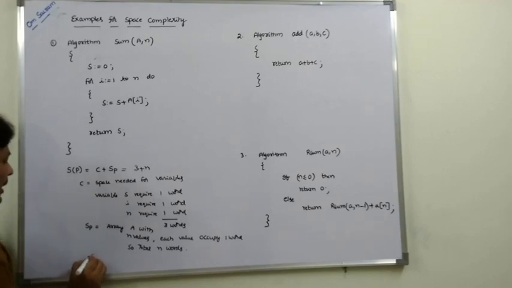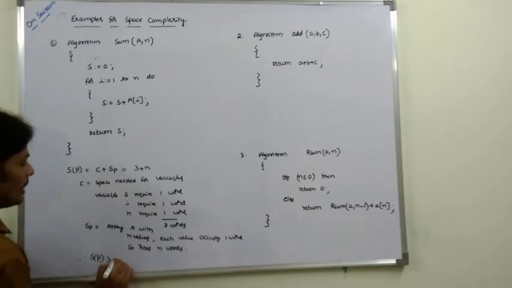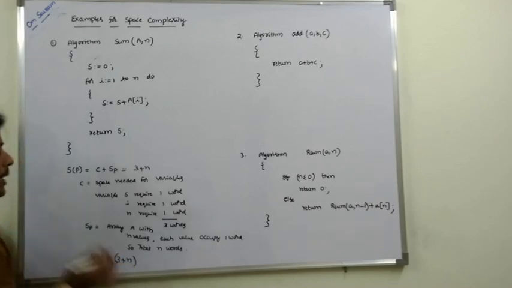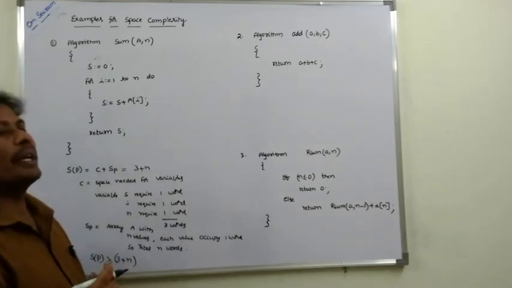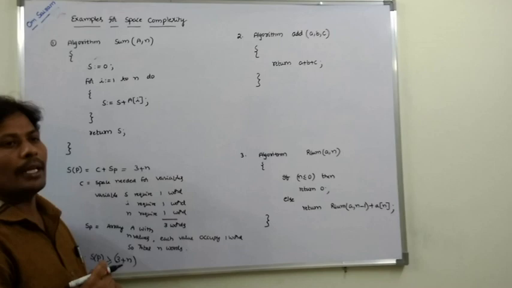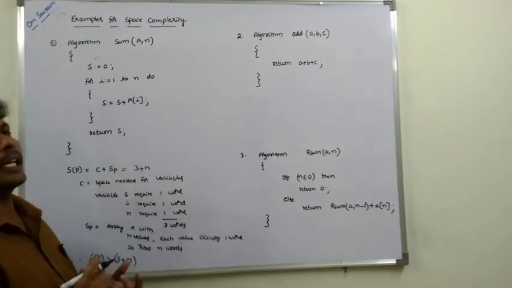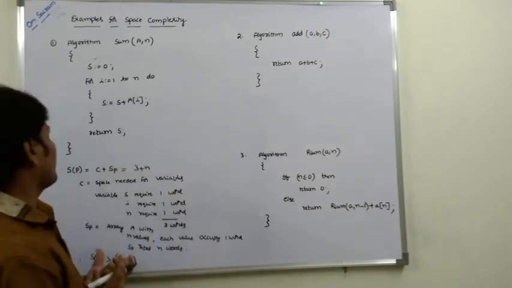So therefore S of P is not equal to, but greater than or equal to, 3 plus n. Sometimes it may require some auxiliary memory, or sometimes some reference memory.